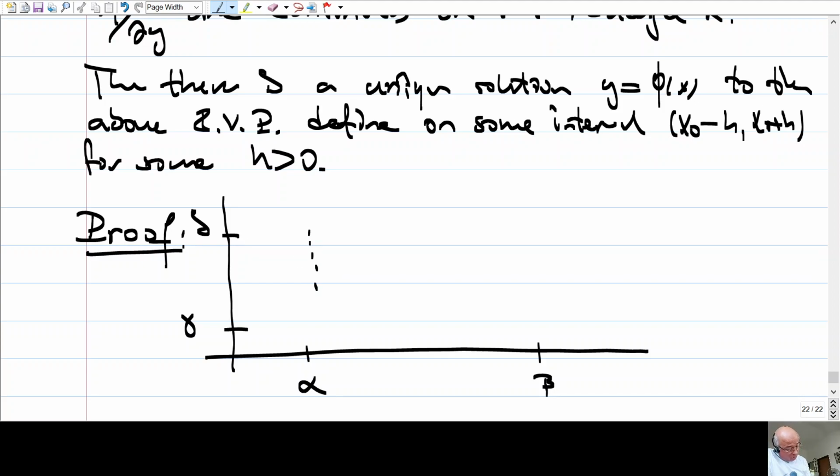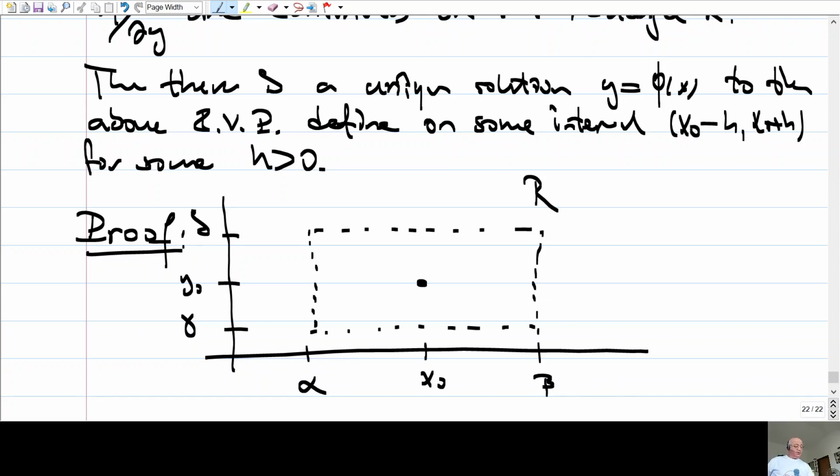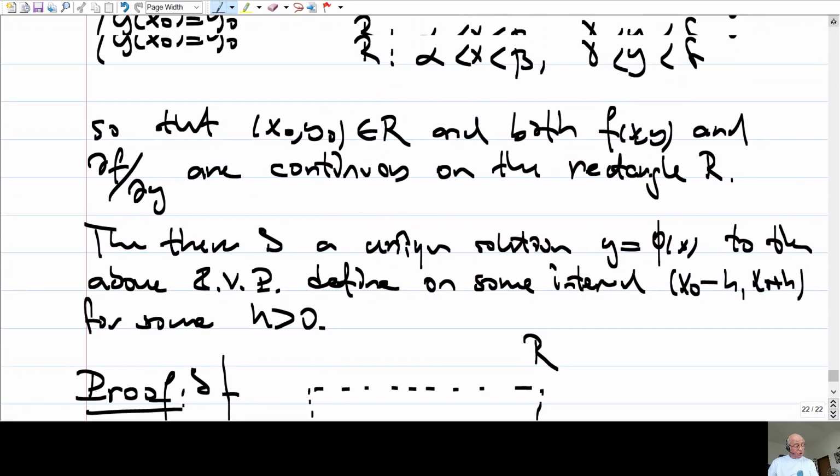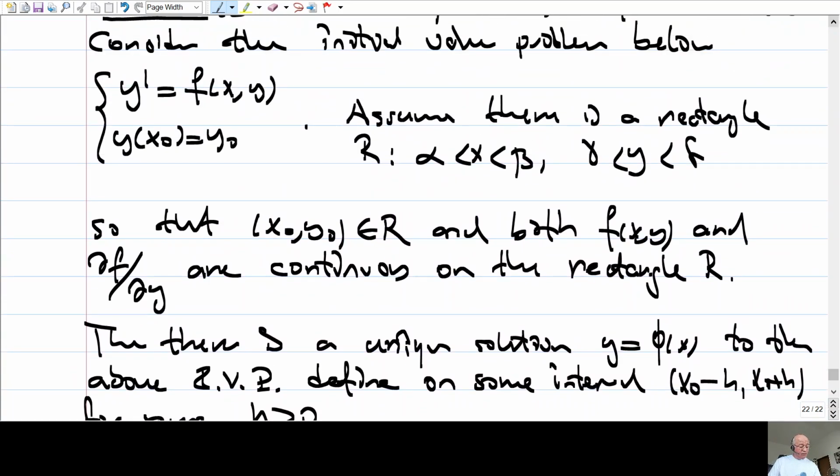So our rectangle R is this, and I have x0, y0. The initial condition is given at this point. And this theorem tells us that there is a unique solution of this initial value problem.